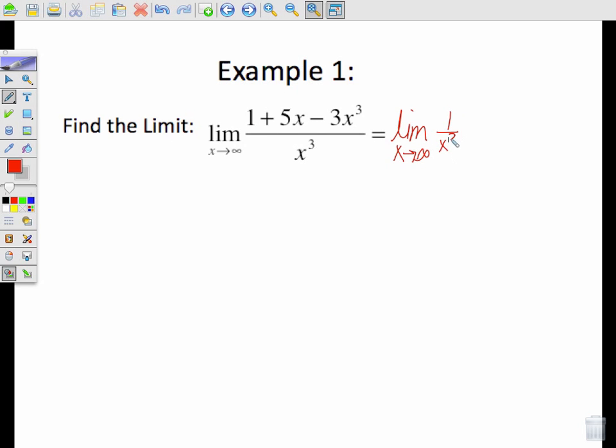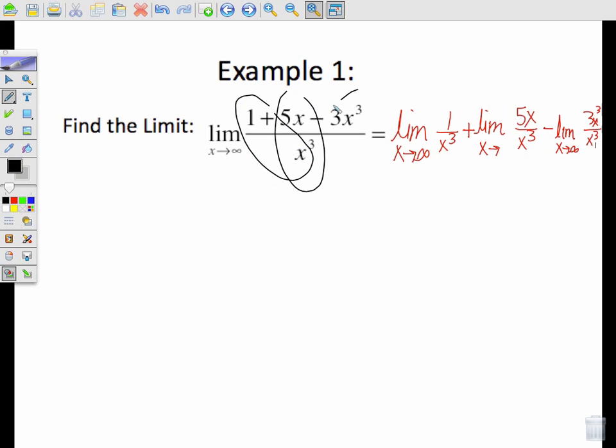So the limit of 1 over x to the third, plus the limit as x goes to infinity of 5x over x to the third, minus the limit as x approaches infinity of 3x to the third over x to the third. I purposefully separated these into 3 fractions, and I'm finding the limit of each one of them.